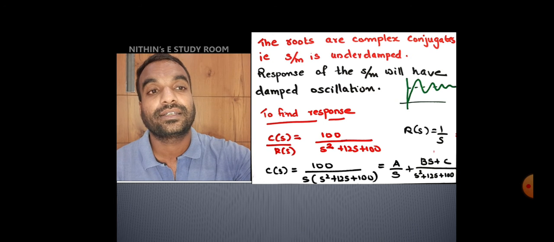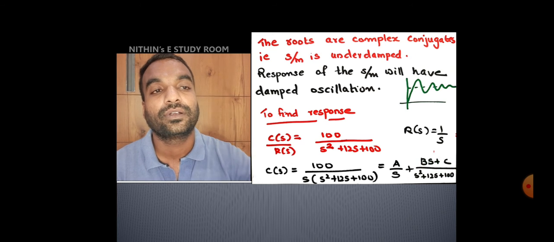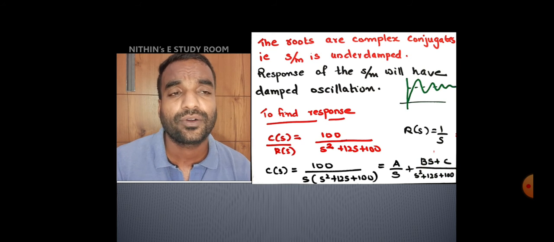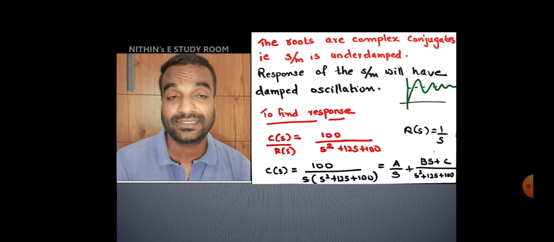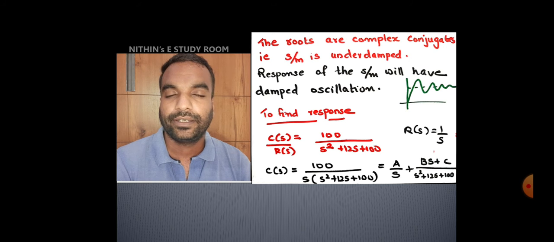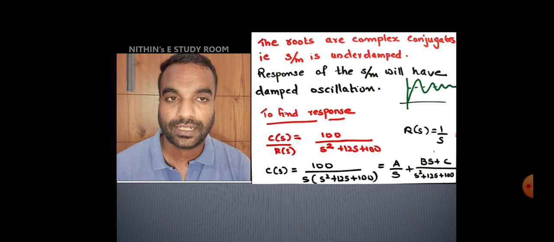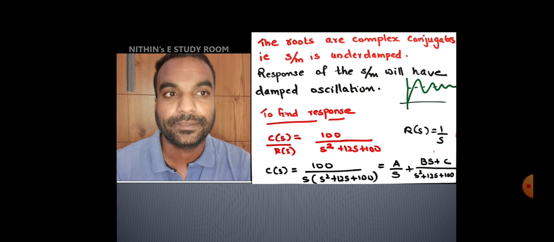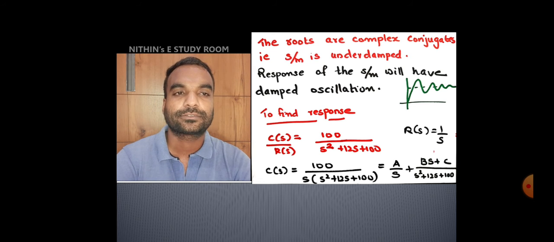As it is a quadratic expression here which cannot be split directly, you have to take bs plus c in the partial fraction numerator. If you are having doubts, please refer to lecture number 16. So a by s plus bs plus c by s square plus 12s plus 100.